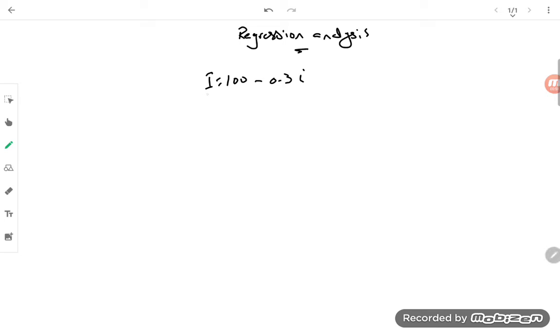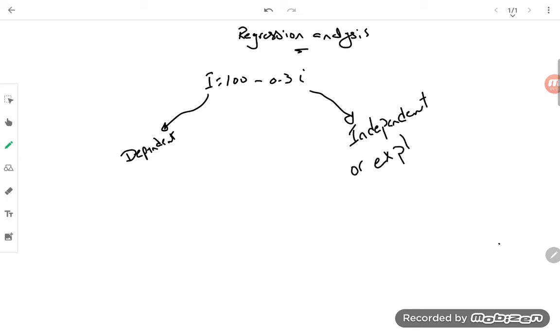Investment is the dependent variable, and interest rate is the independent or explanatory variable. Question number 3.